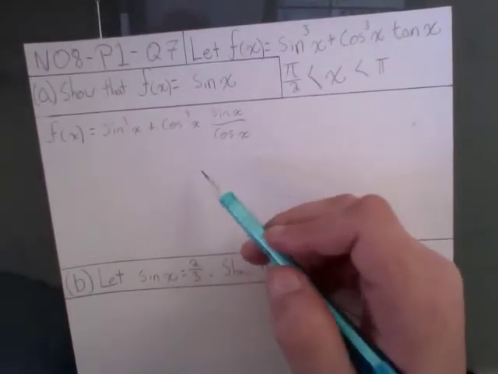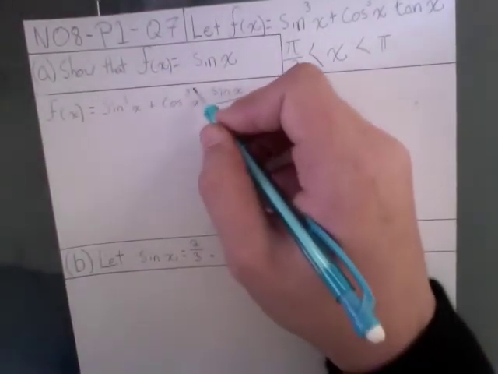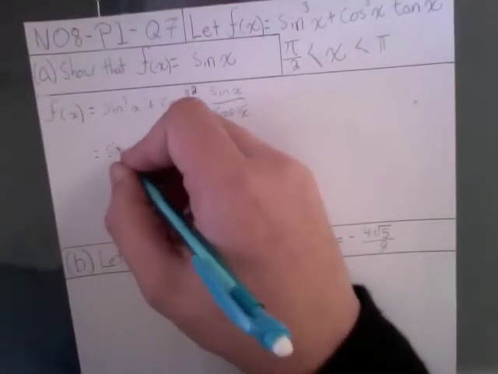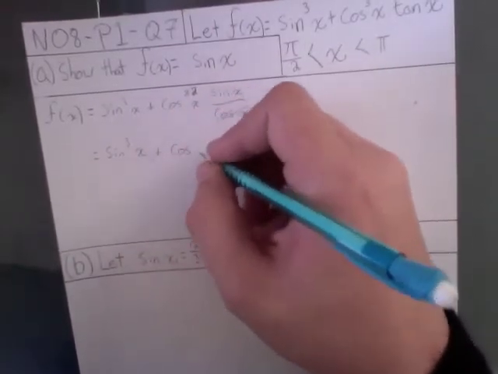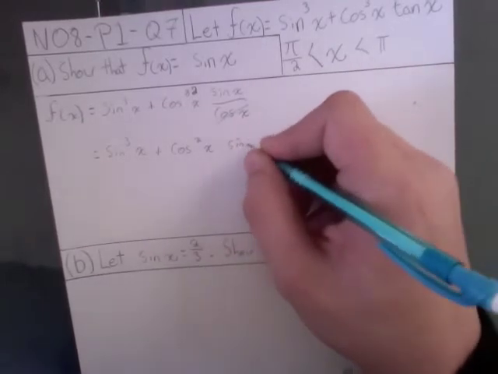Once we have this, we can cross out the cosine x here, cross out the 3 and have a 2. Then we get f(x) is equal to sine cubed x plus cosine squared x times sine x.